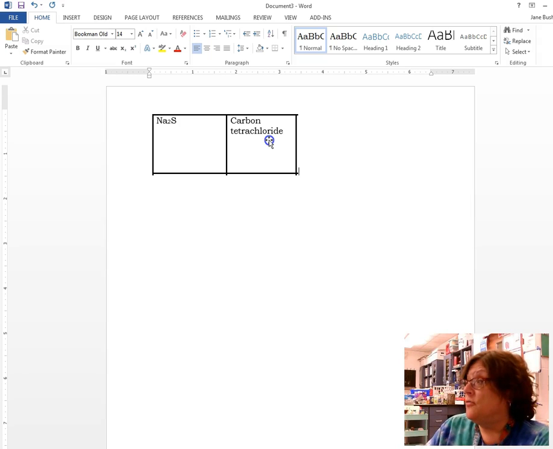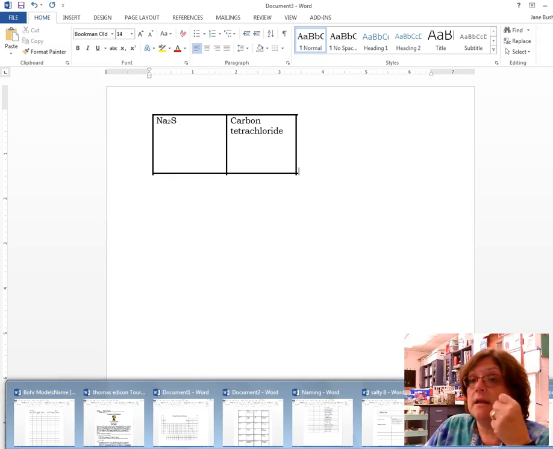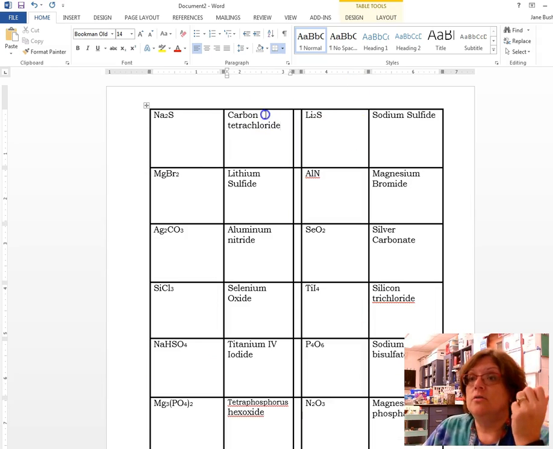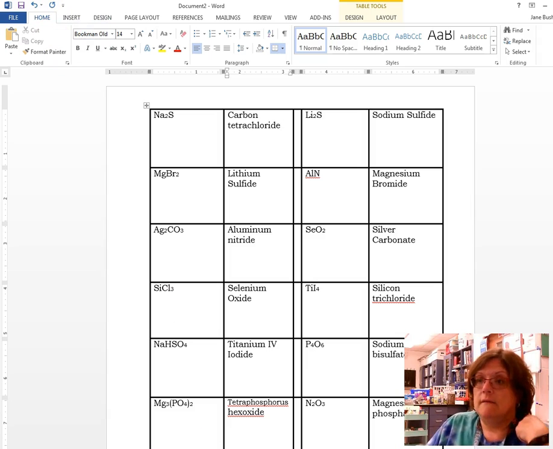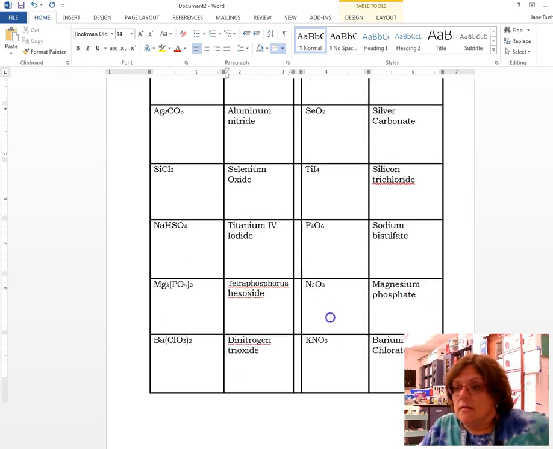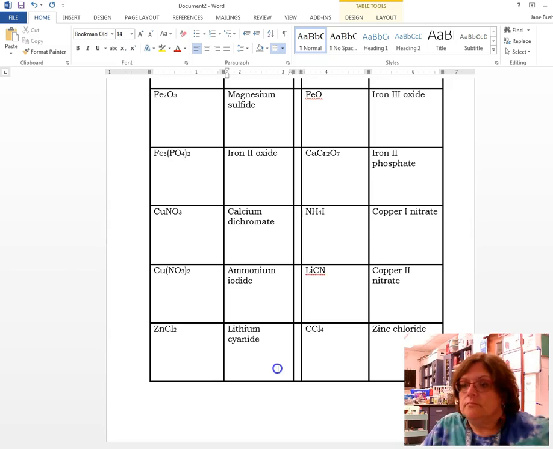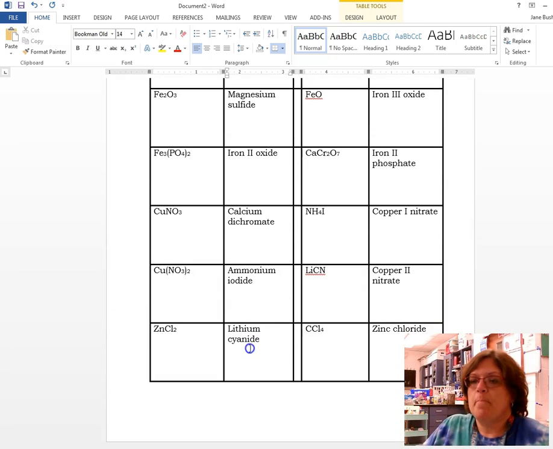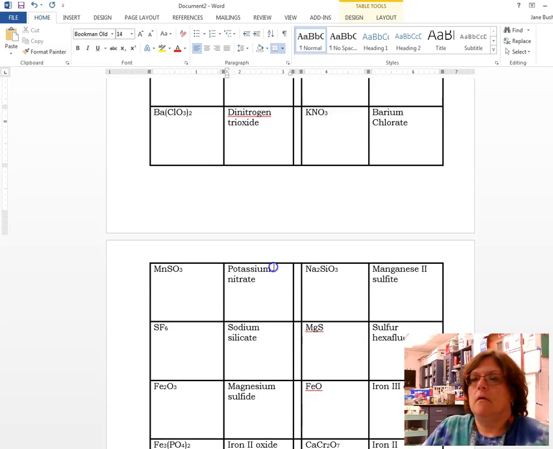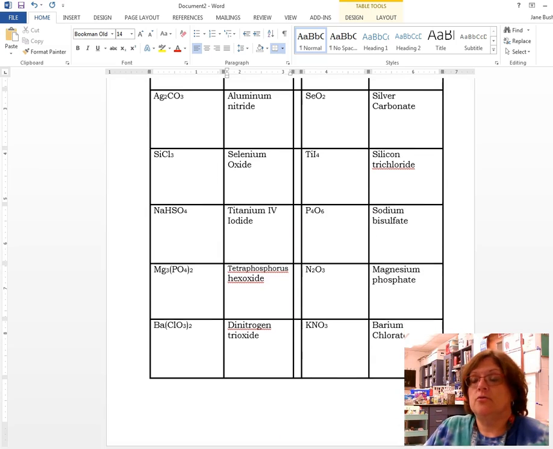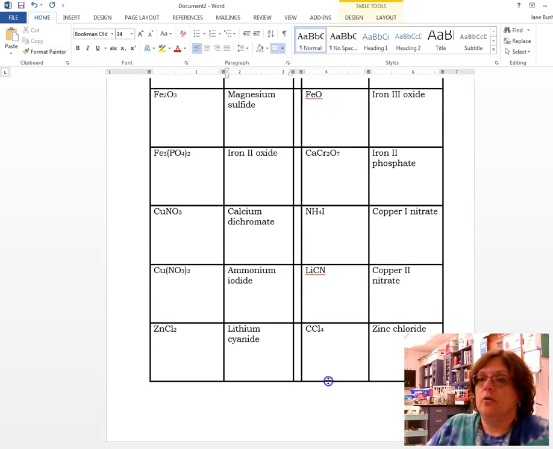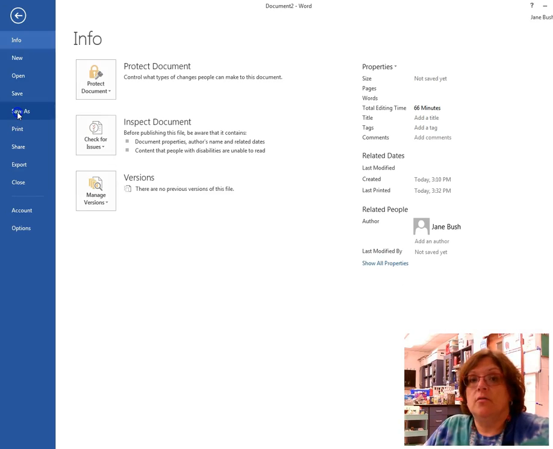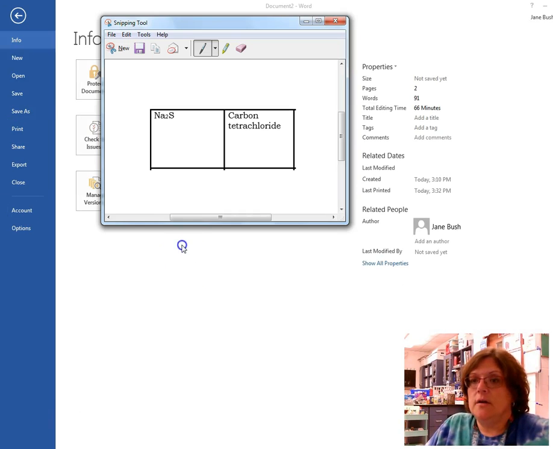And my friend Mr. Downing, he looks at his, and he can actually play a card. So let's see. What can he play? He's got carbon tetrachloride, so he can play. We need to find carbon tetrachloride, or we need to find the other one that's on there.